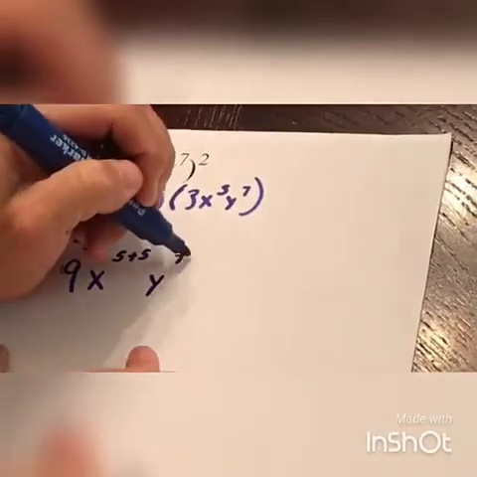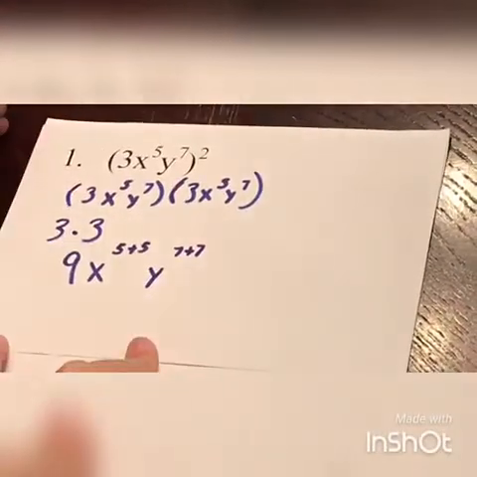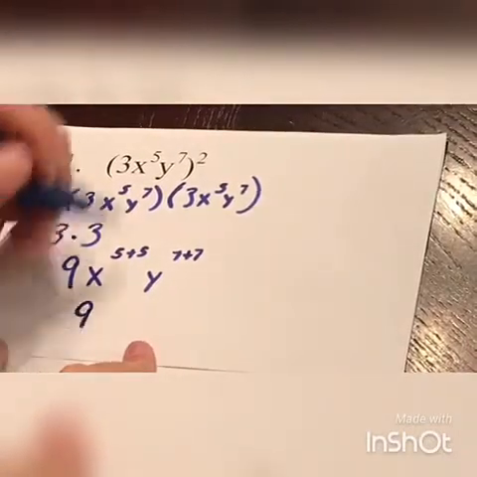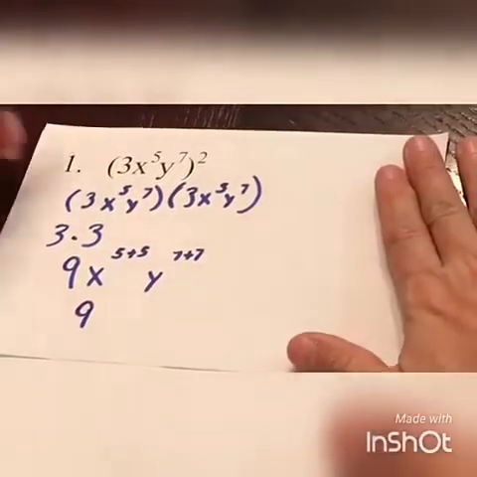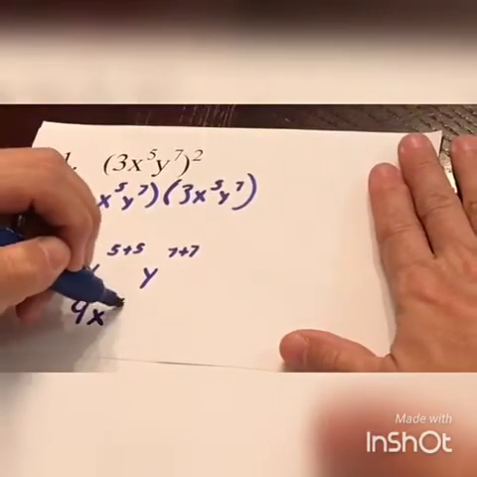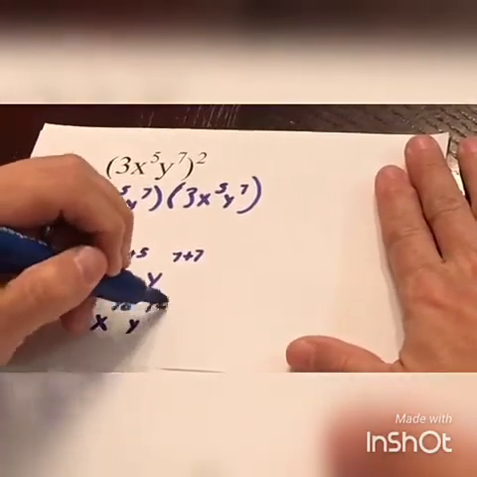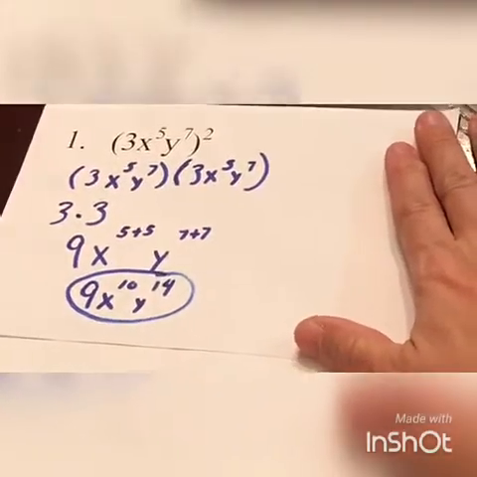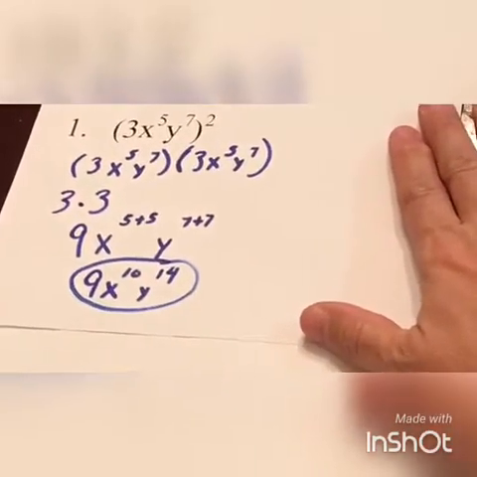So we add 7 plus 7. Cleaning up those exponents will now bring us to our final answer. 9 x to the 10th, y to the 14th. Final answer for number 1.